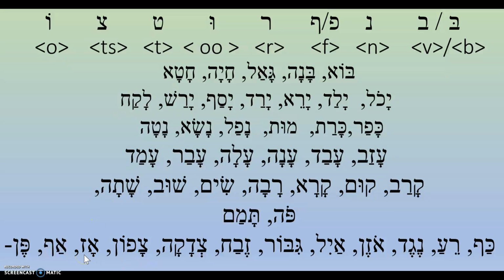Az, then, since before. Af, also, indeed, even. And the last one is pen. Pen, written with a dash, that would usually in biblical Hebrew appear on the top of the word, actually. So pen means lest, otherwise.